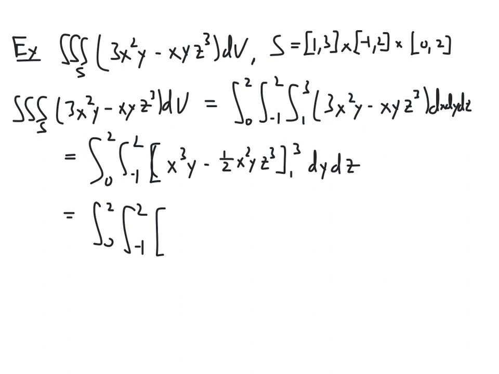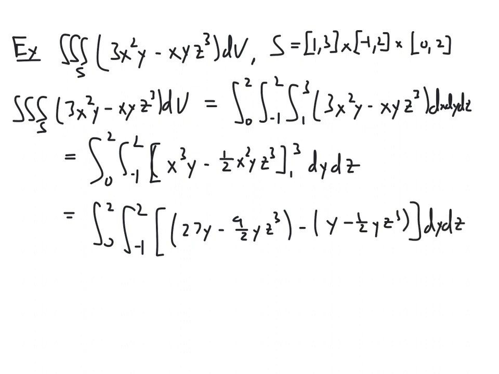All right, so when we substitute in the limits of integration here, we're going to get 27y minus 9/2 yz cubed minus y minus 1/2 yz cubed. We put that together, and we have 26y minus 4yz cubed.